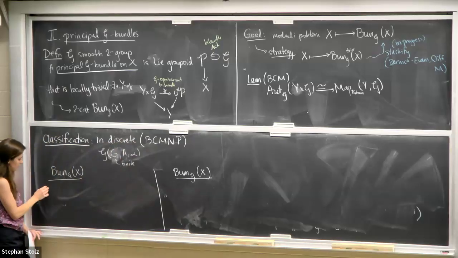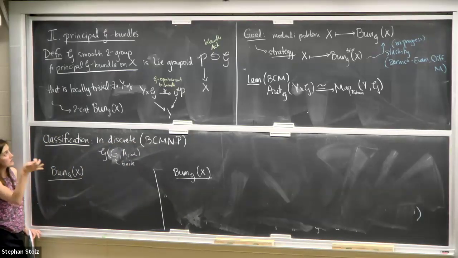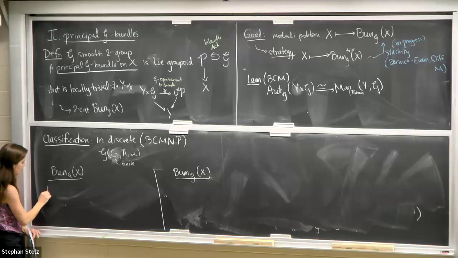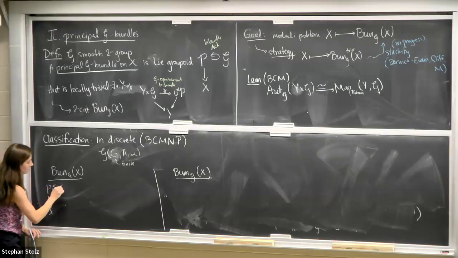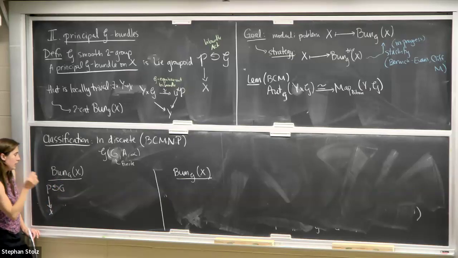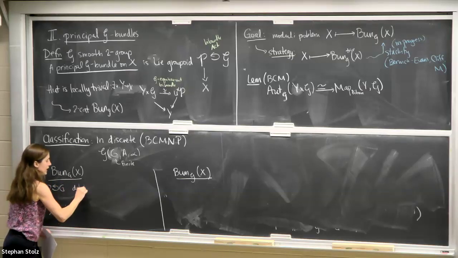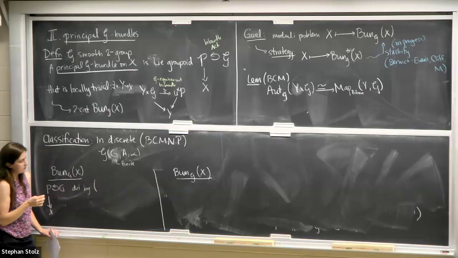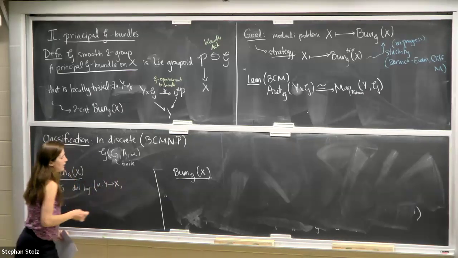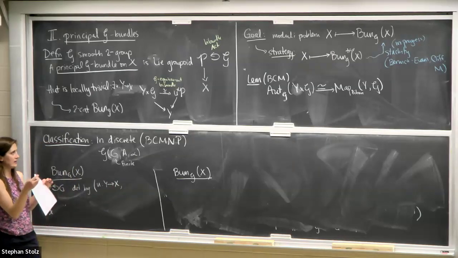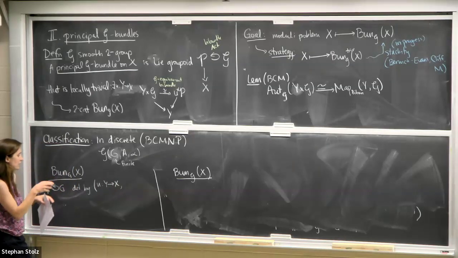You might be familiar with this. Again, I mentioned that you have different descriptions of what bundles are. So we have this description of a principal bundle, an ordinary G bundle over X. It's determined by Čech data, so it's determined by a cover, and then transition data on intersections of the cover.